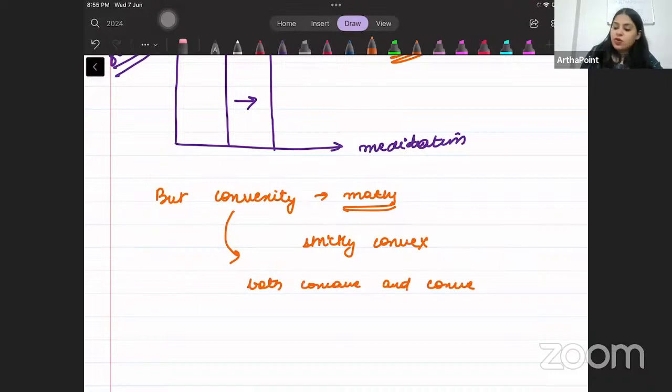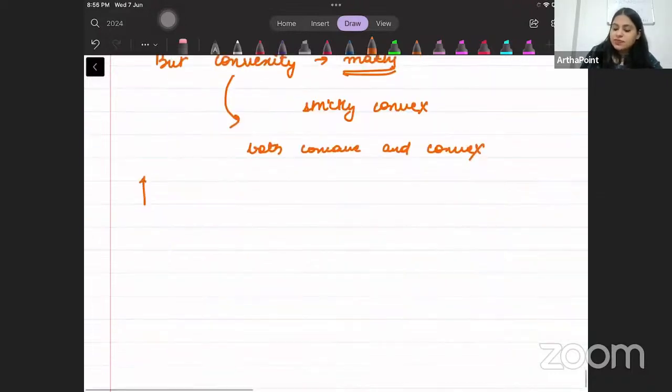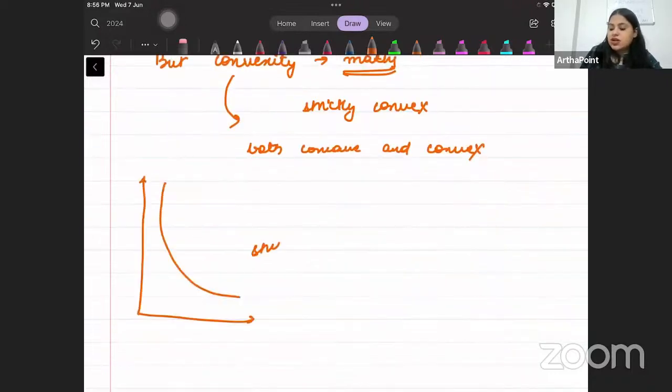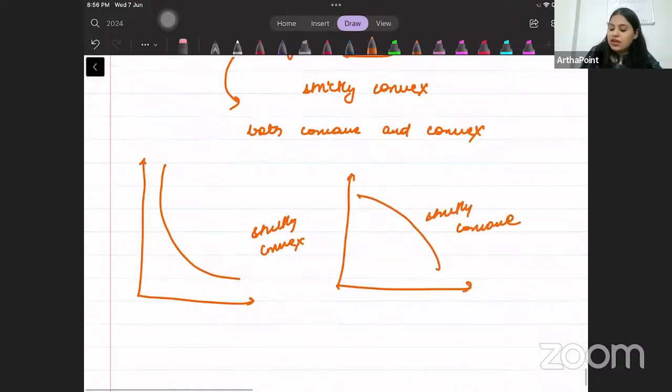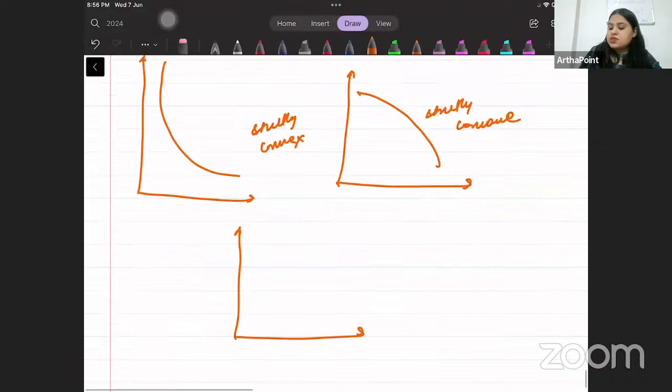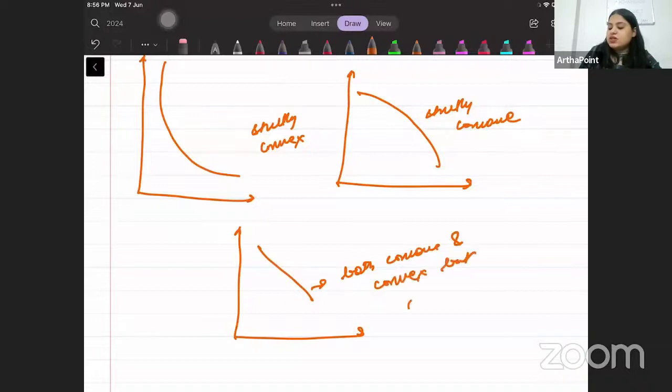So when we draw something like this, it is strictly convex. This is strictly concave. But when I draw a line, it is both concave and convex, but neither strictly concave nor strictly convex.